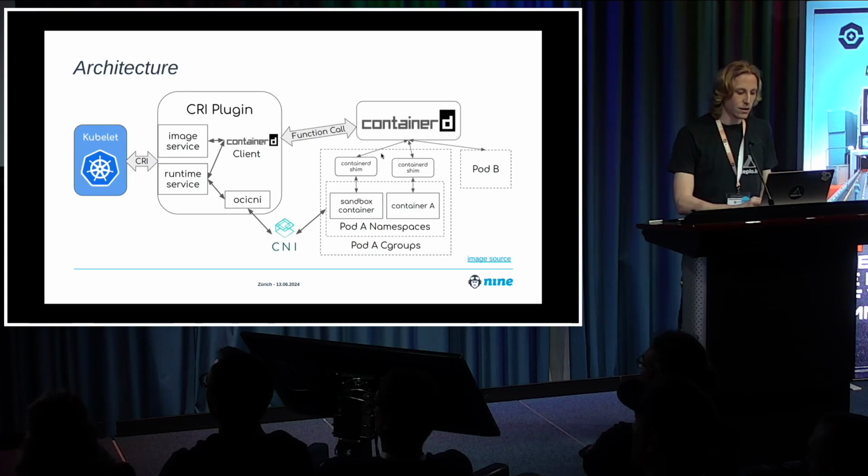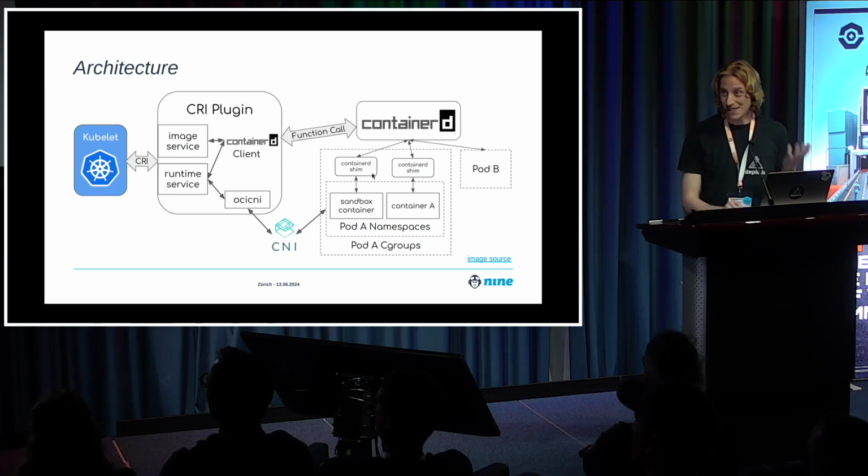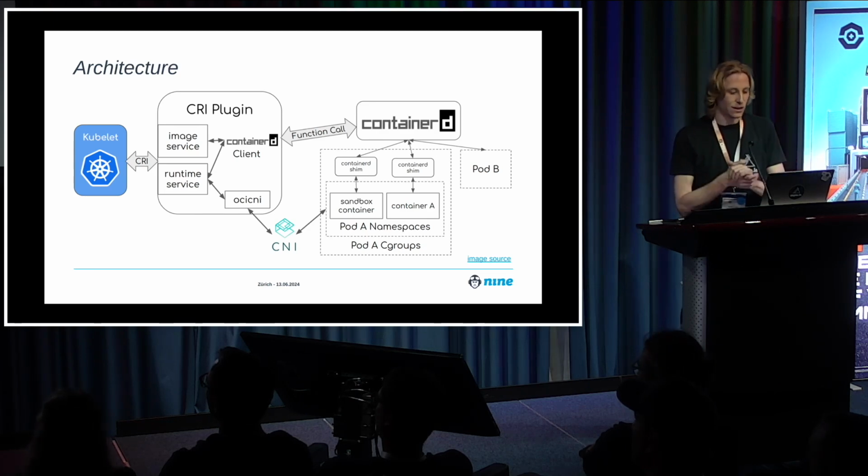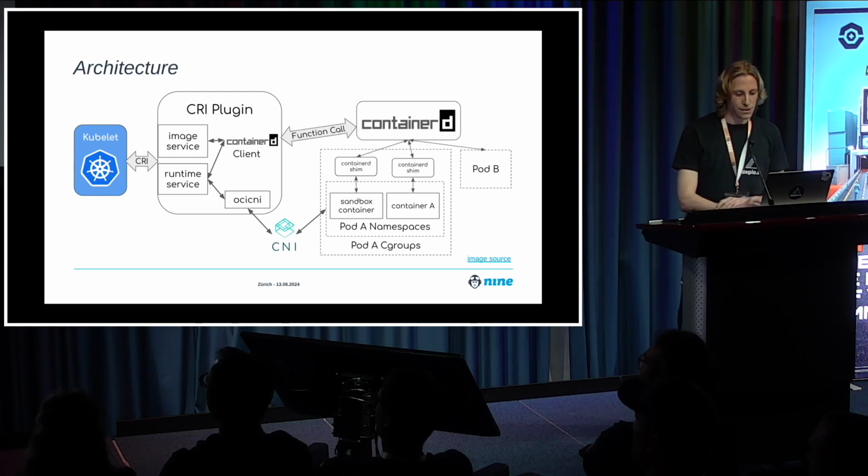It makes pipes for the logs, and it also makes stuff like exec possible. So if you exec into a container, the shim binary will actually be executed and receive a command. And this is the part of the architecture that I've modified so far. Yes, we'll have a look at that later.